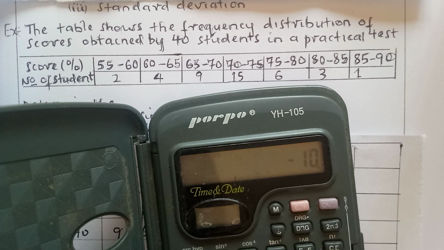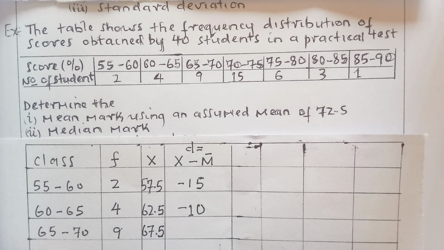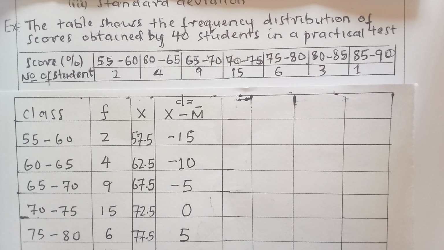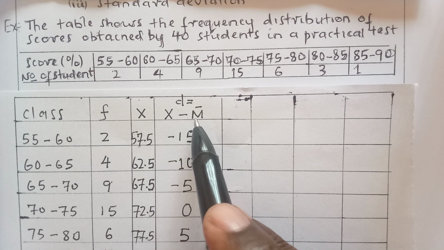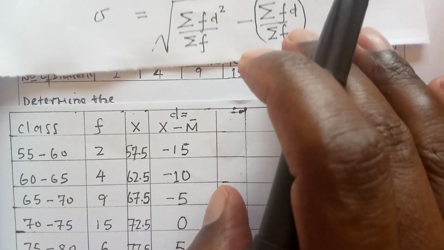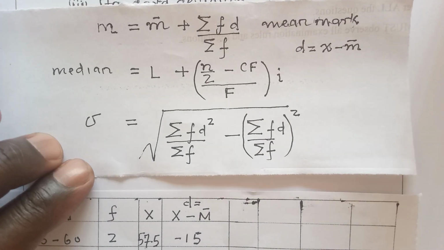That gives us negative 10. So this is negative 10. And so guys, I can do the rest offline and then I come back to you. So guys, I have done that for you. And this is now our X minus M prime. Then from there, we check on this paper and see our equations, how they are supposed to be.